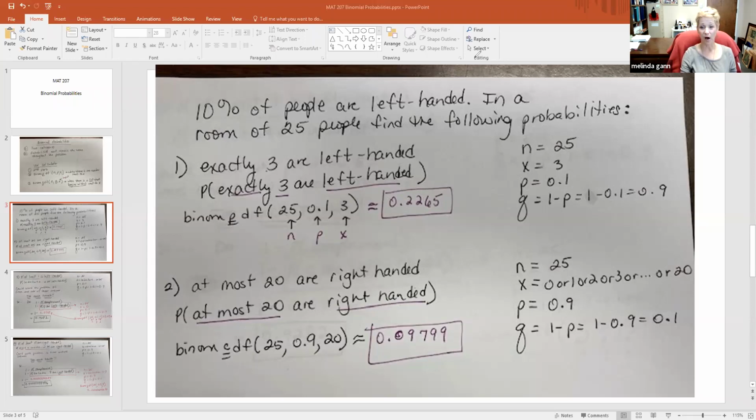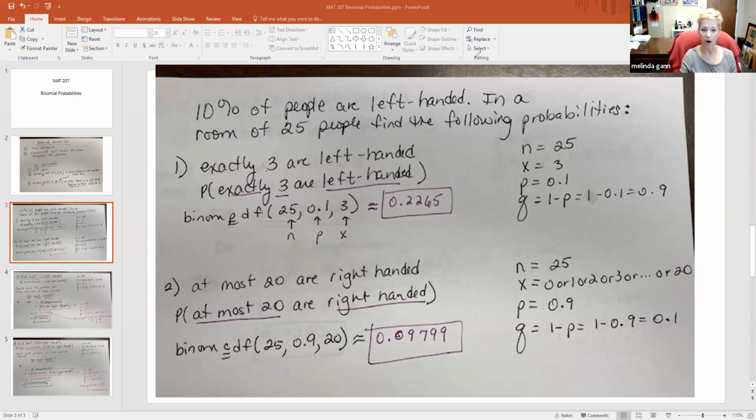Remember, it would be all the way to 25. That's how many people might be left-handed in a room of 25 people. So if I take out from 10 all the way up to 25, what's left is the complement. So that's why it goes 0 or 1 or 2 and stops at 9, because that's what happened when I delete these numbers from the sample space. The remainder is the complement, and it's the same category, or right-handed.